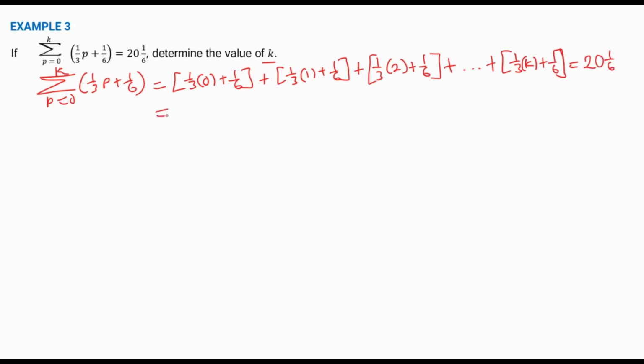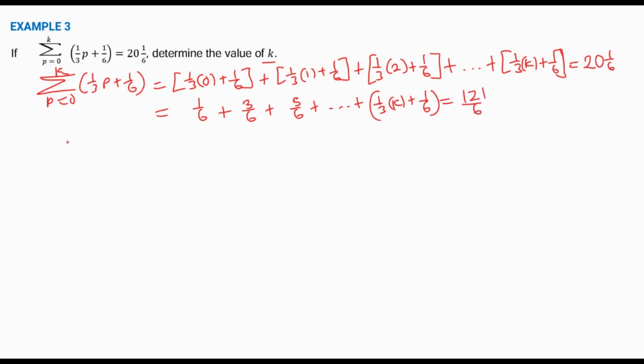Right, so it means this will be 1 over 6 plus 3 over 6, which is half, and then plus 5 over 6, then goes on like that, plus 1 over 3k plus 1 over 6 to give us 20 and 1 over 6 as an improper fraction, 121 over 6.